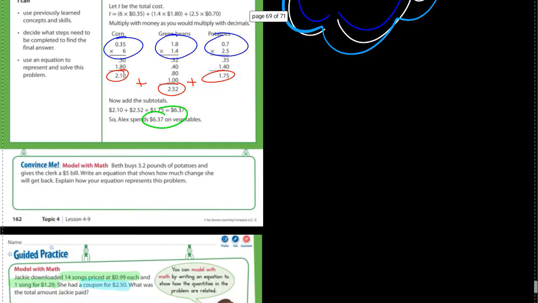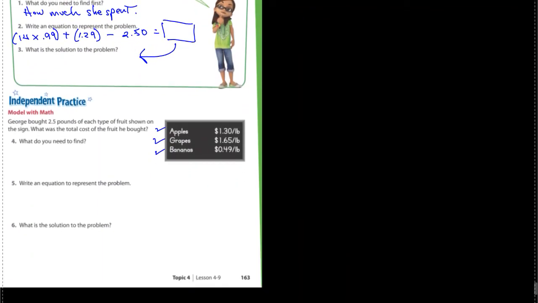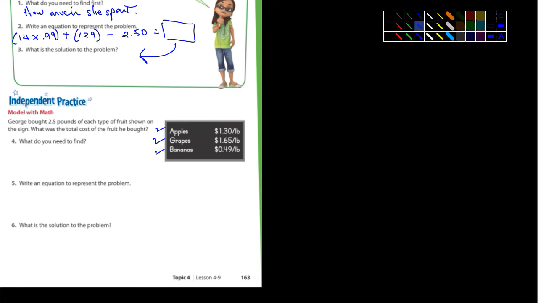Well, if you're having a hard time with that, you can look up above at the equation that I wrote. It might be similar, except there's no minus 2.50 in the end, but you're just going to be adding up. And then finally, what's the solution to the problem? So whatever you come up with, here's your equation, whatever that would be, equals something, and that would be the solution to the problem.